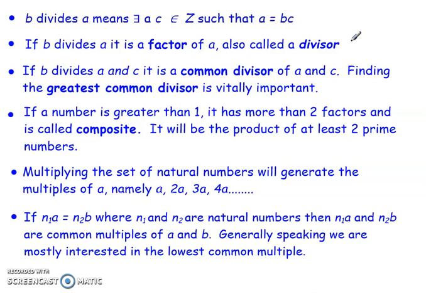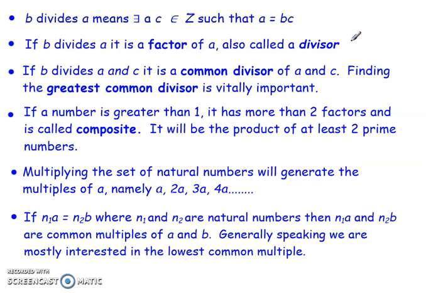We're also able to say that multiplying the set of natural numbers will give us a set of numbers which are generated in multiples of A. So multiplying the set of natural numbers will give us A, 2A, 3A and so on, which just build up a set of numbers which are all multiples of that initial number, in this case what we're calling A. If we have n1a equal to n2b, where n1 and n2 are natural numbers, they may be different, they may be the same, then n1a and n2b are common multiples of a and b.